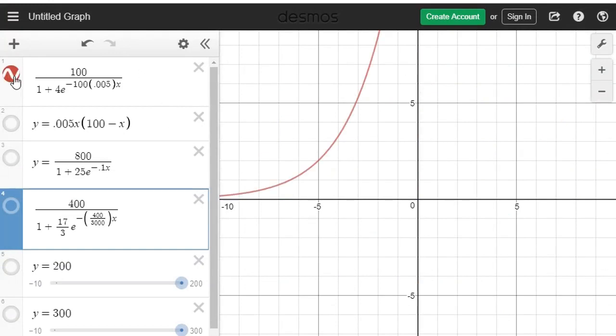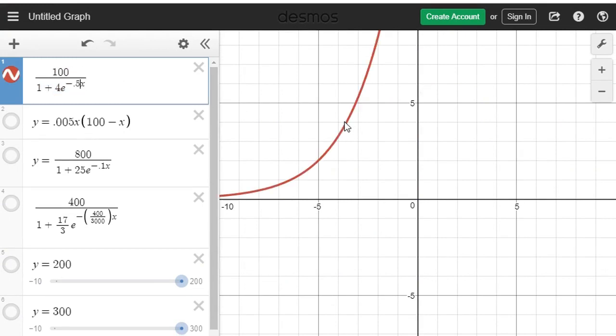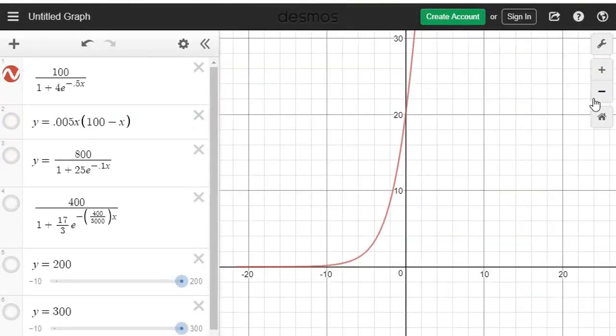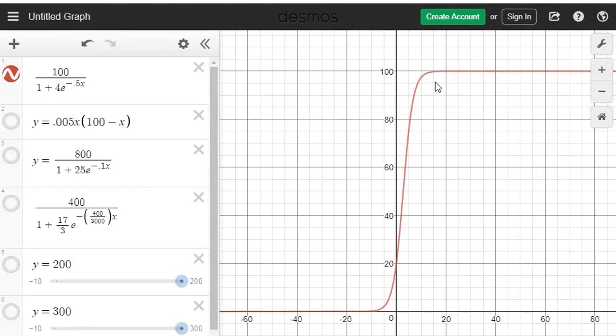So if we're looking at this function, I'm going to simplify this to be negative 0.5. If we zoom out a little bit, it appears that this function levels off right around 100, which is exactly what we said was going to happen.